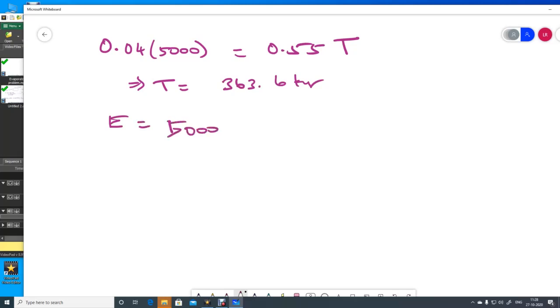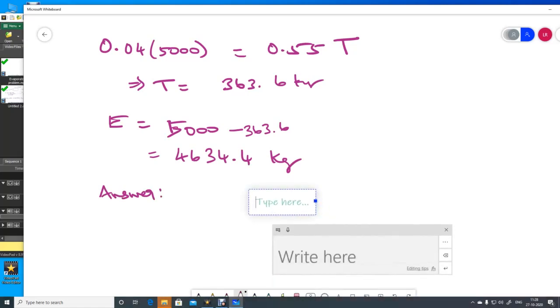Then the E value is 5000 minus 363.6, which is 4636.4 kg per hour.